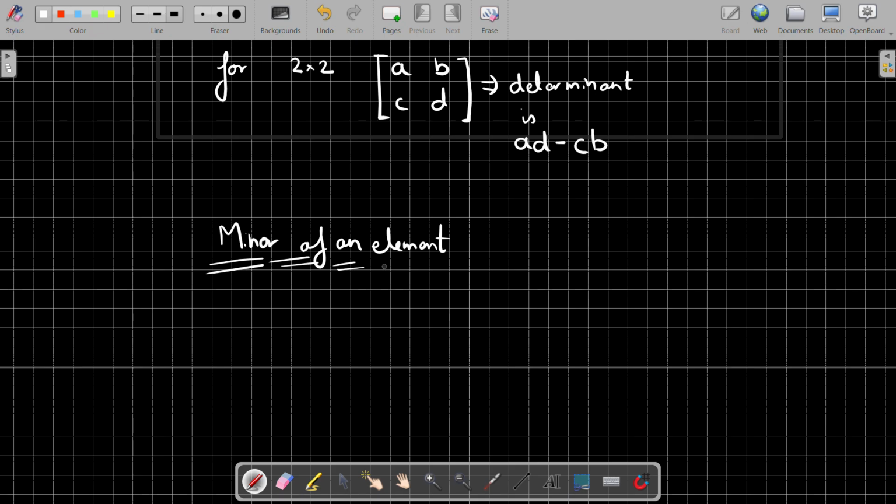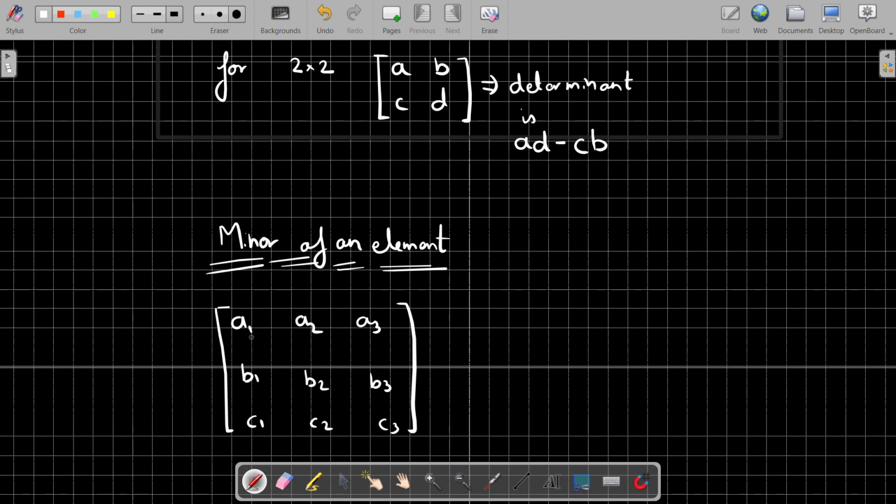So in a 3 by 3 matrix, A1, A2, A3, B1, B2, B3, C1, C2, C3. To find the minor of any element, what we do is we delete the said row and the column and take the determinant of the remaining 2 by 2 matrix.